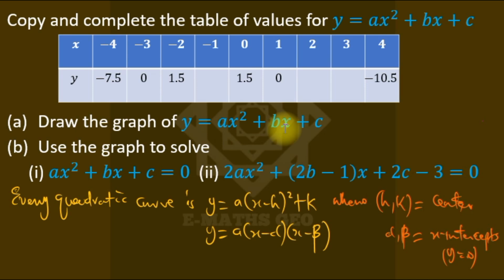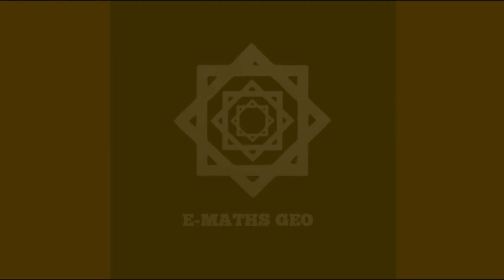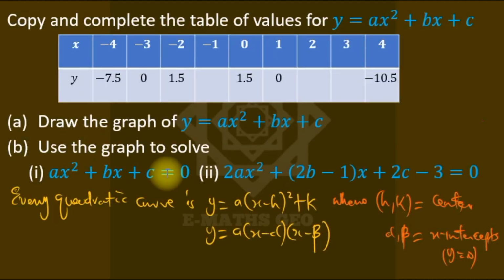So remember the equation is now ax squared plus bx plus c. So what I've plotted, where is it 0? So I'm solving the part (i) of b, meaning where y is 0.